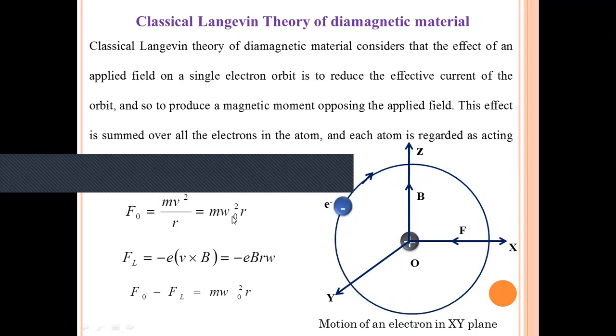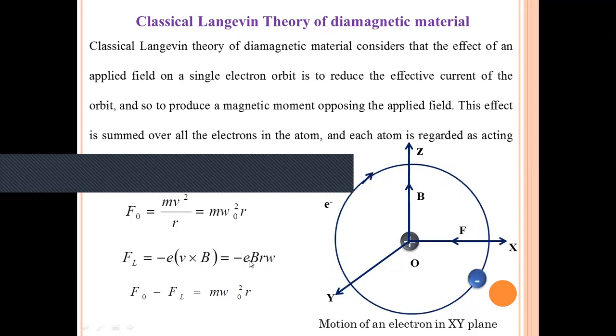An electron is moving along the circulating path. Therefore, once the external magnetic field is applied, this electron experiences the Lorentz force. This Lorentz force Fl is given by minus e v cross B, which on solving gives minus e B r omega.